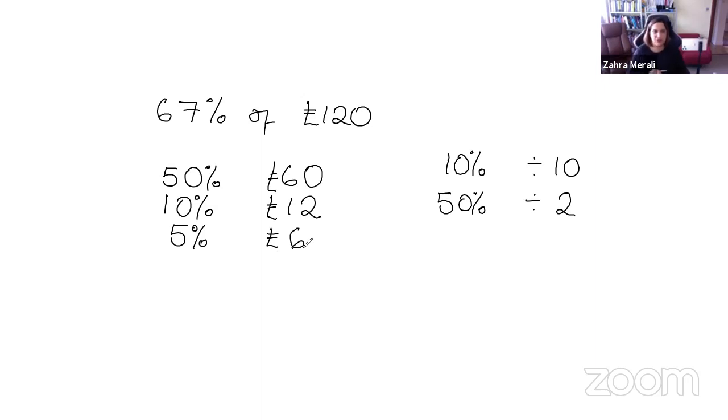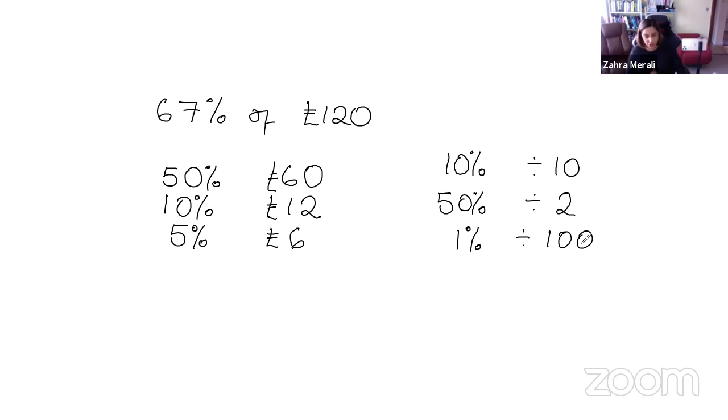Right, so now I've got 65%. Not quite there, but almost there. What would 1% be? If 10% is dividing by 10, 1% would be dividing by 100. So if we wanted 67%, we've got as far as 65, but we need 2 more percent.